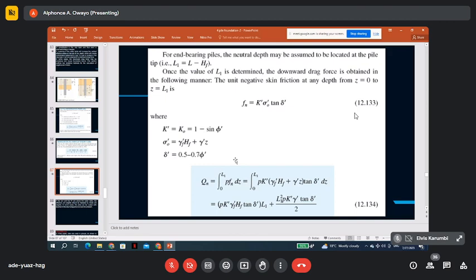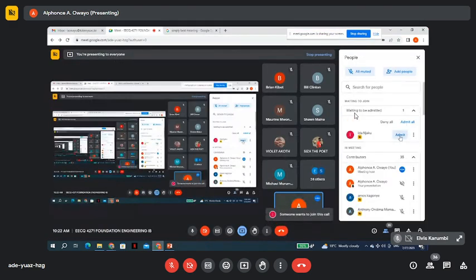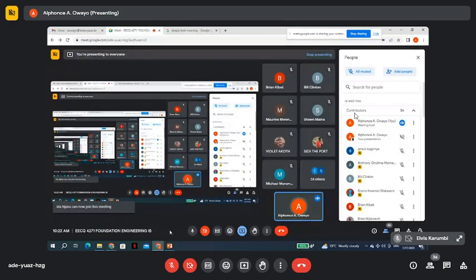For now, you only need to know what the negative skin friction is, which is the negative downward drag due to a contraction of the clay layer. Okay, so the formulas may not be necessary at this point. For your case, just make sure you know what negative skin friction is.